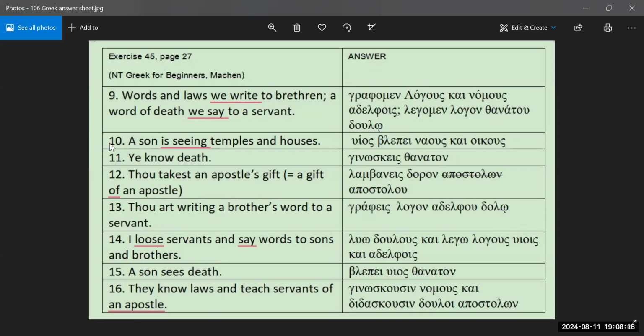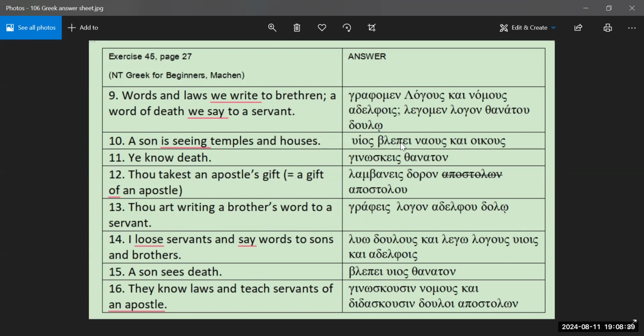Okay, so the same for number 10, we'll just go through it slowly. A son, huios. And he's the one that's doing the action, so he's the subject of the sentence. So that's why we just have huios, and there's no article. So a son sees, blepei.